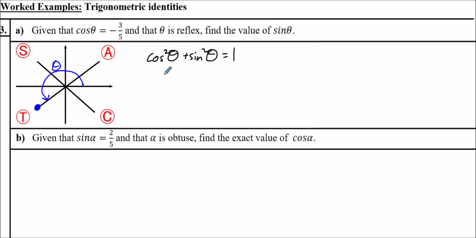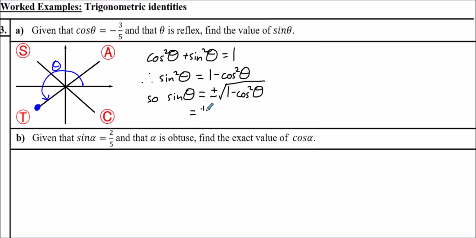So therefore, sin squared theta is going to be 1 minus cos squared theta, just by rearranging this. If we then take square roots of both sides, we can see that sin theta, therefore, must be either positive or negative the square root of 1 minus cos squared theta.